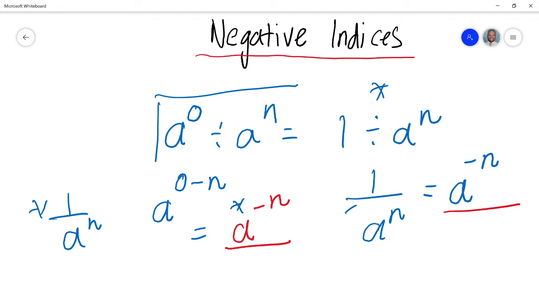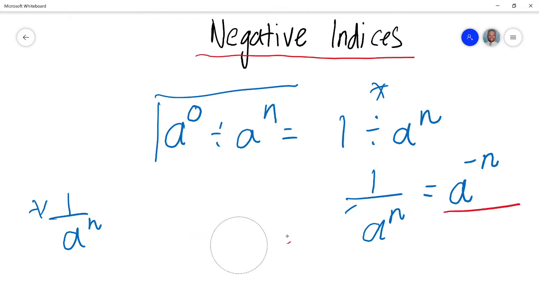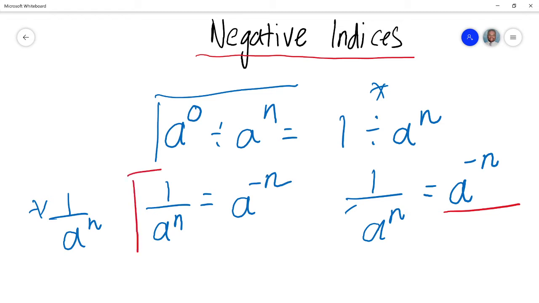So in a nutshell, the simple rule is: 1 over a to the power n is the same as a to the power negative n. That is the negative index rule.